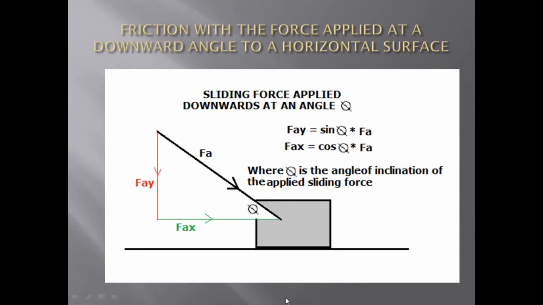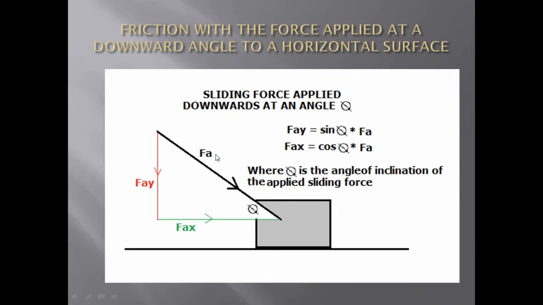Here we have a sliding force applied downwards at an angle. In this case, we have the same angle of inclination. We can still break the applied force into a vertical and horizontal component. The vertical component, Fay, will be the sine of the angle of inclination times the applied force.